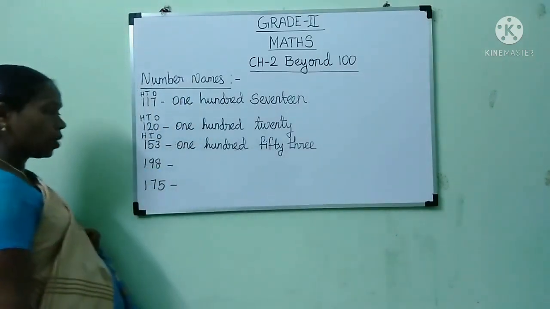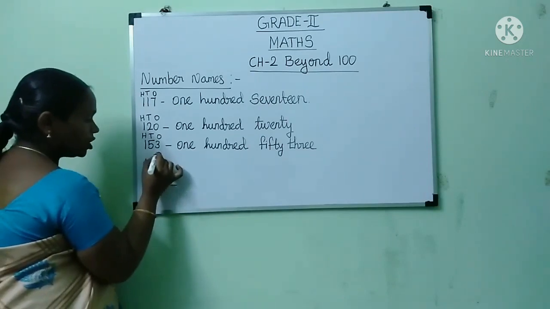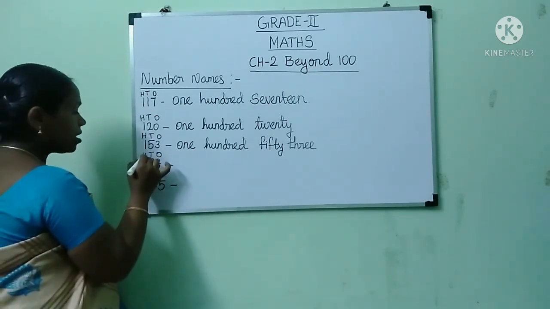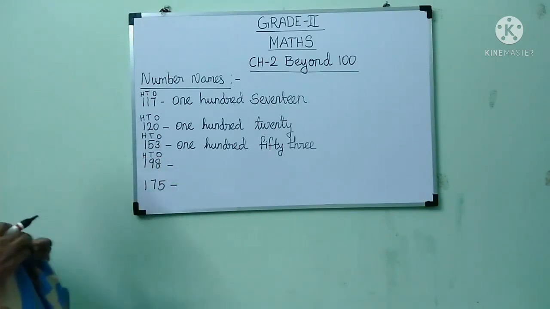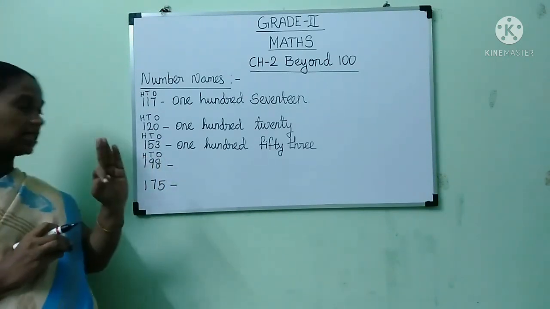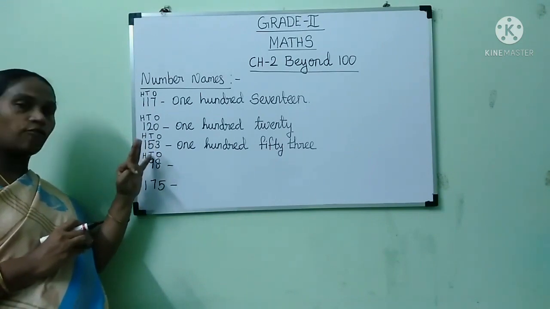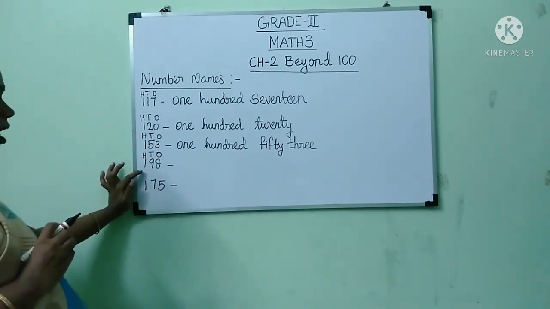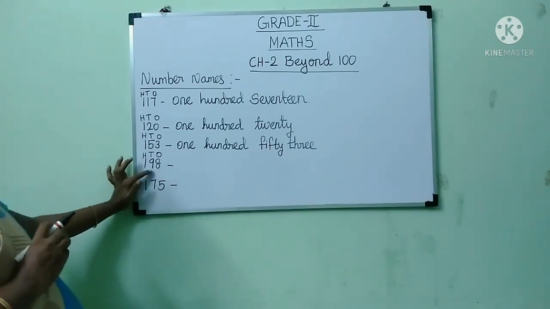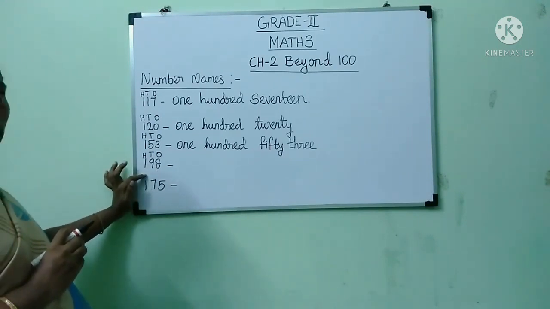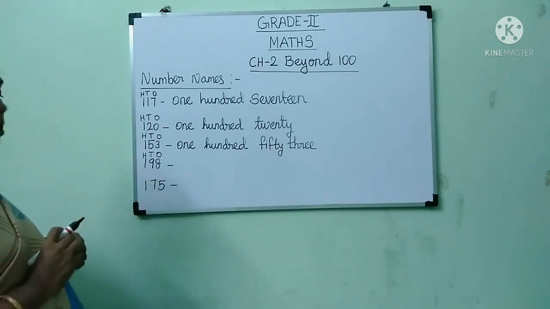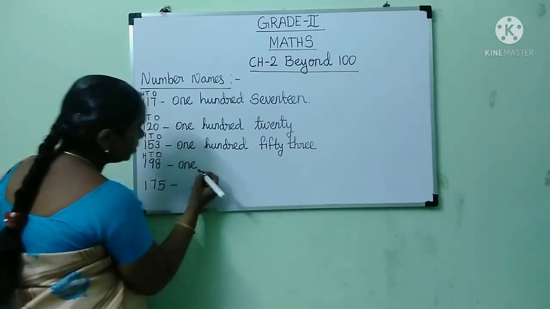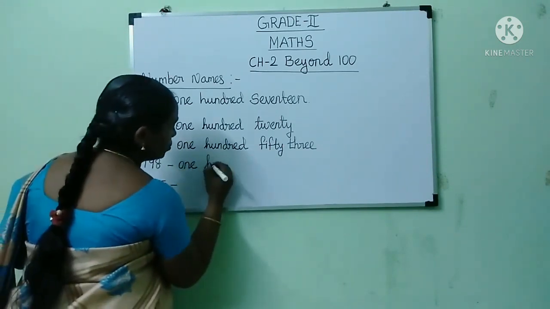The next one: 8 is the ones place, 9 is the tens place, 1 is the hundreds place. Here we have 3 places. O for ones, T for tens, H for hundreds. How to read this number? 198. How to write this number name? O-N-E, 100.